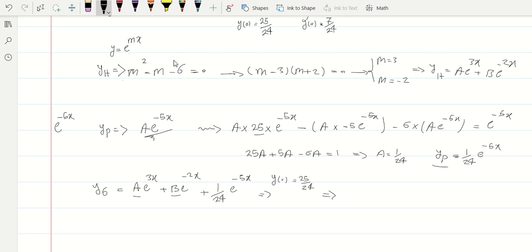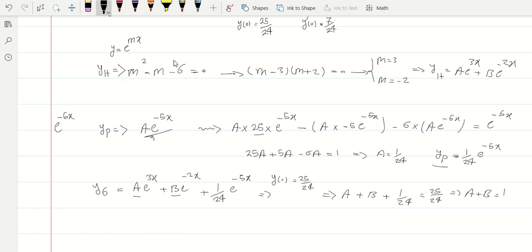That would give me a times e to the power of 0, which is 1, plus b times e to the power of 0, which is 1 again, plus 1 over 24 is equal to 25 over 24. That means that a plus b is equal to 1.